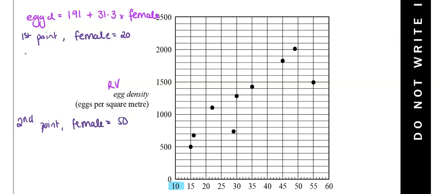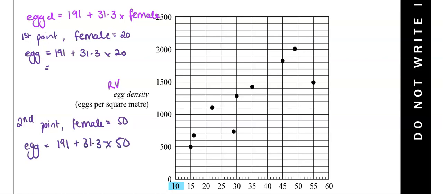And so what I'm doing here is finding the egg density at both of those female numbers, so substituting in for my EV, and same again when I use the number 50. What that will give me are 2 points that I can plot, or 2 sets of coordinates that I can plot onto my graph, because remember, 2 pieces of information will allow me to draw a straight line.